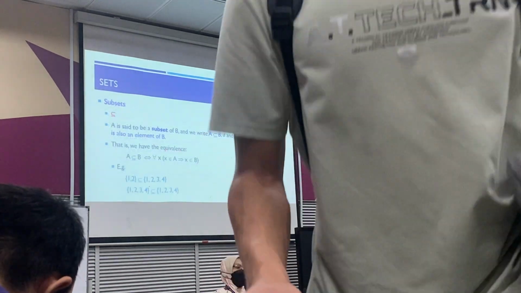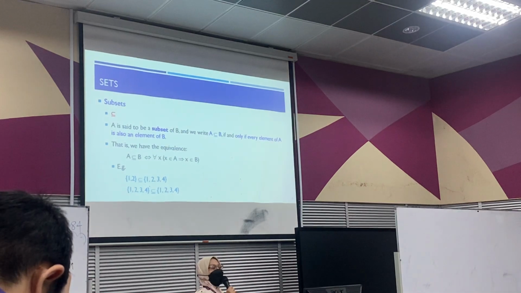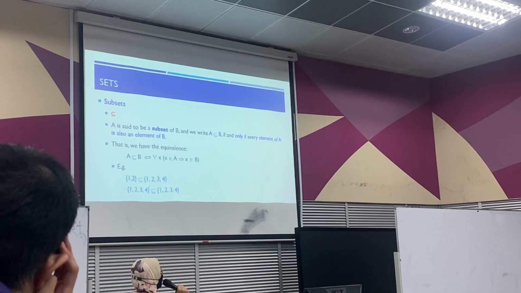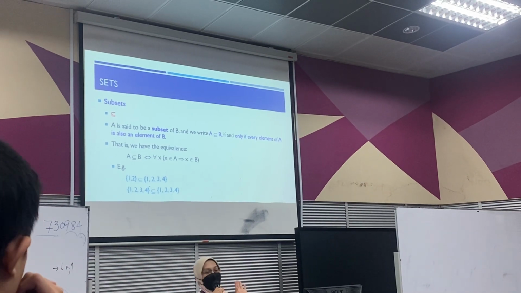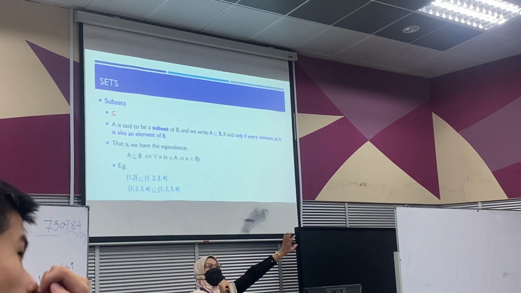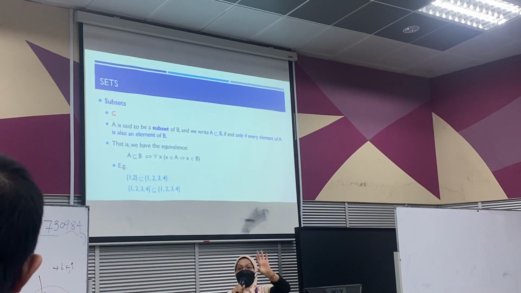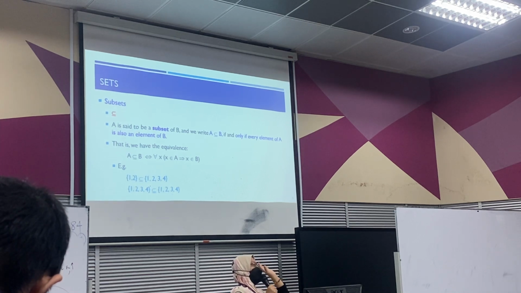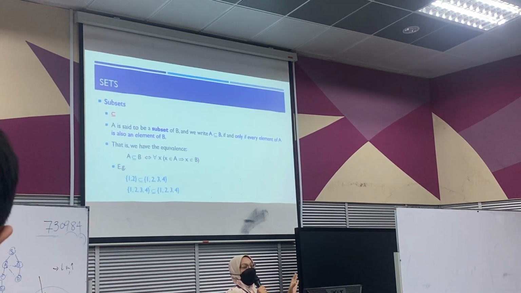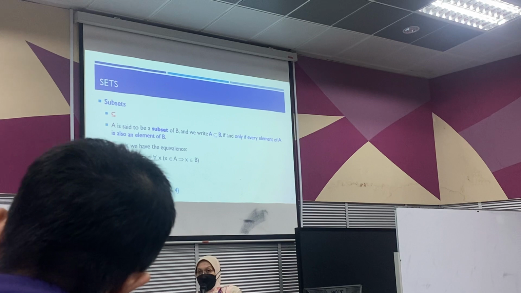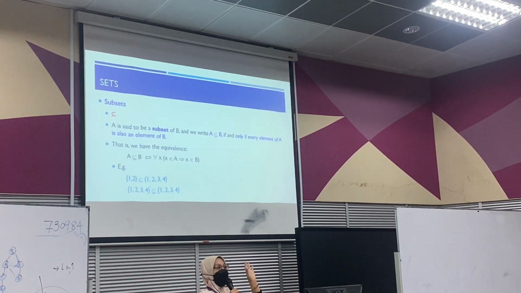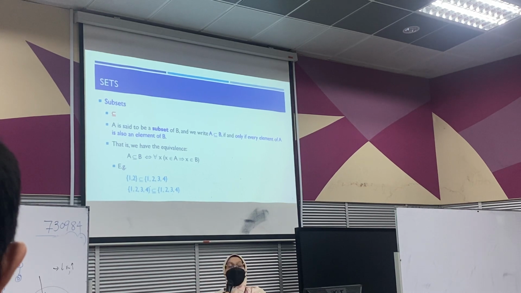Okay, subset. You have seen subset before. I think you know what a subset is. Let's say you have two sets, set A and set B. If set A has less data than set B, we can say set A is a subset of set B. But if set A is equal to set B, it is also a subset.